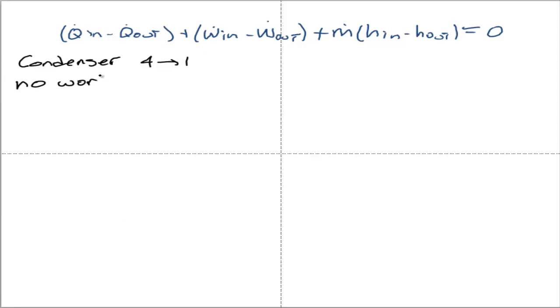Now, finally, for the condenser, it's process 4 to 1, and it's a process that we use to condense the steam so we can start our cycle again. So we don't have any work interactions, we only have heat out.